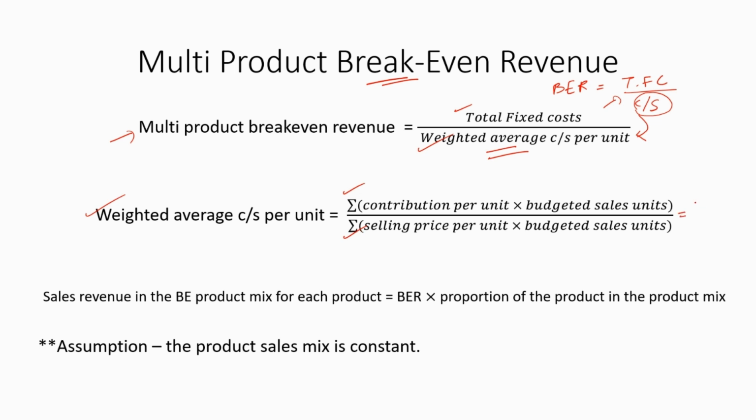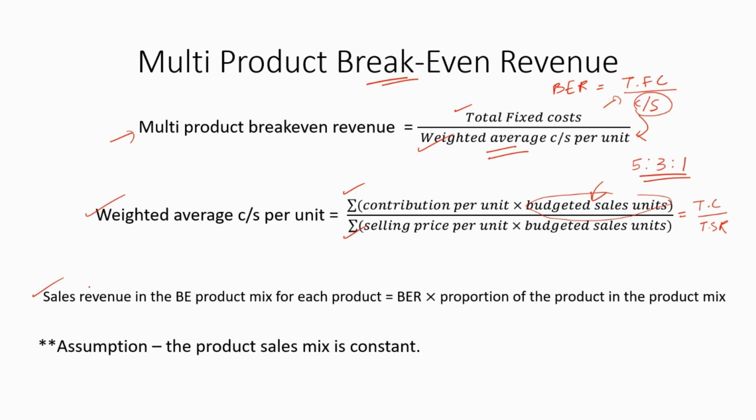This will equal to total contribution divided by total sales revenue. If they have not given the budgeted sales units figures and they have given the proportion of the product mix, you can still use those figures. In the earlier example, which was 5 to 3 to 1, you can use either these values, or if they have given us the budgeted sales units, we can use directly those values.